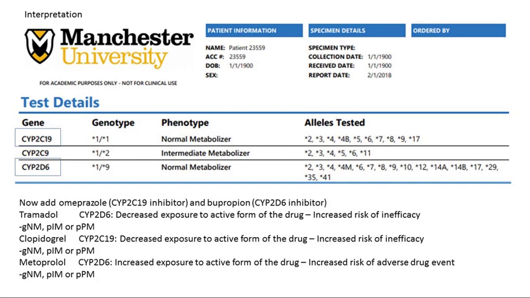And now, tramadol being a prodrug also, not as much of it's going to be converted to the active form, and so now we risk inefficacy here, right? Clopidogrel, again, prodrug, not getting converted to the active form. Omeprazole being an inhibitor, decreased efficacy for clopidogrel. And metoprolol, again, now with CYP2D6, but an active drug, it doesn't have to be converted, but it needs to get out of the body, decreased metabolism because of the phenoconversion, greater exposure to potentially adverse drug events.